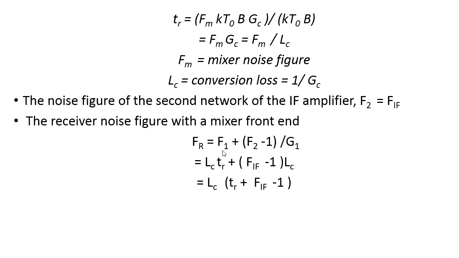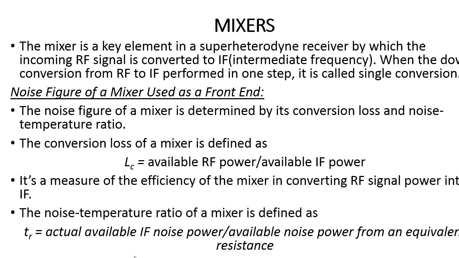That is F1 plus F2 minus 1 divided by G1, where F2 is the output of the second stage of the mixer, represented by FIF. And F1 is nothing but the noise figure of the first stage, that is given from the noise temperature, that is the noise temperature ratio.